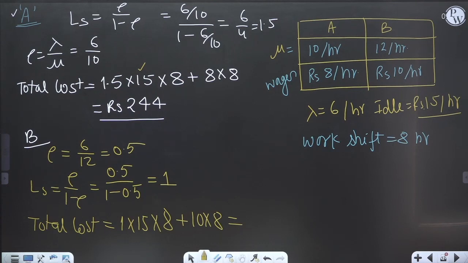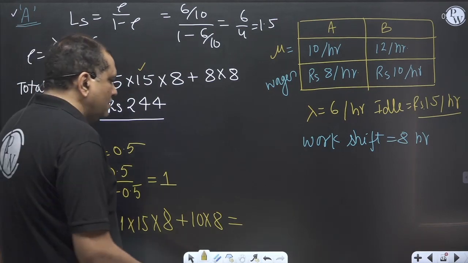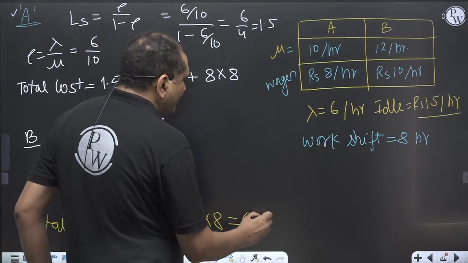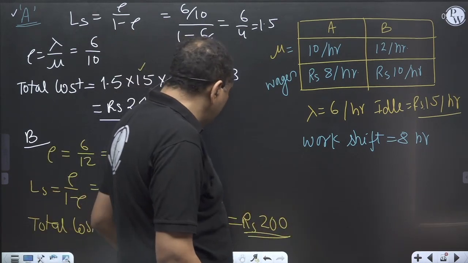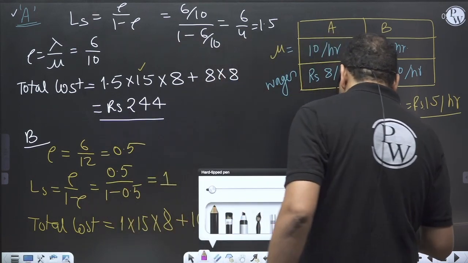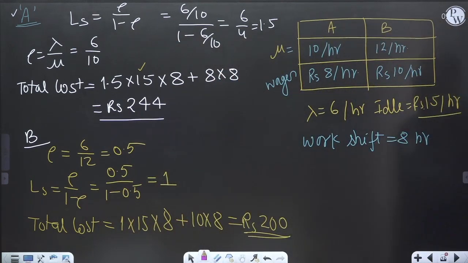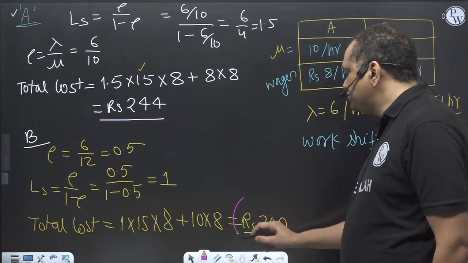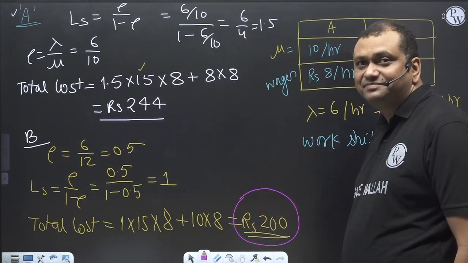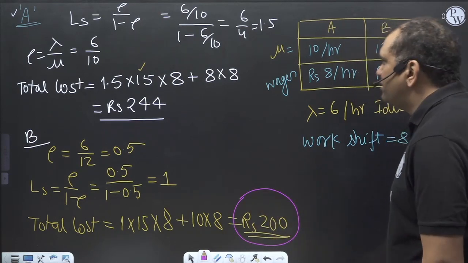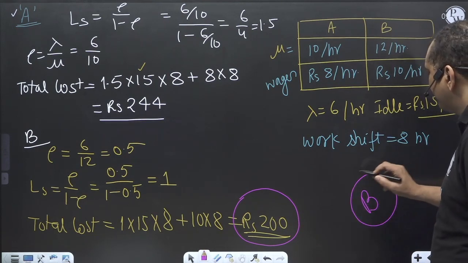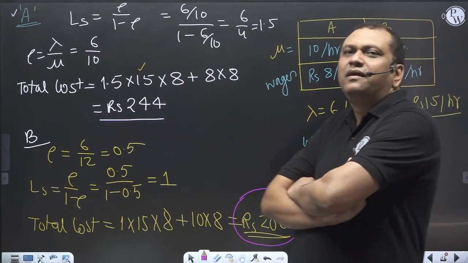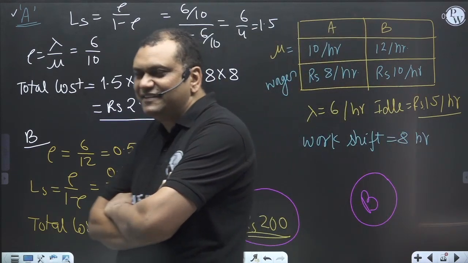So if you solve, it comes out to be 200 rupees. So which is cheaper? This is cheaper to us. So I will hire repairman B.